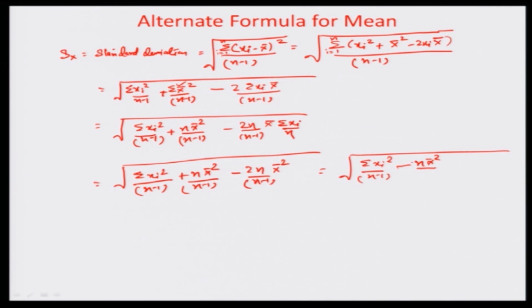So minus n x bar square by n minus 1, and this can further be written as sigma xi by n whole square.